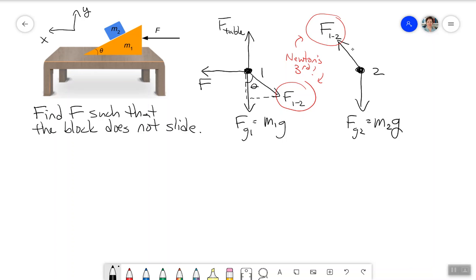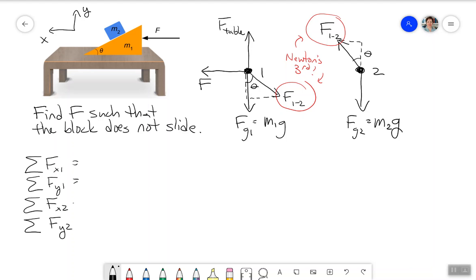This angle here is theta, and this angle here is theta. So we can do it pretty systematically here. The sum of the forces in x, the sum of the forces in y, for object 1 and object 2.